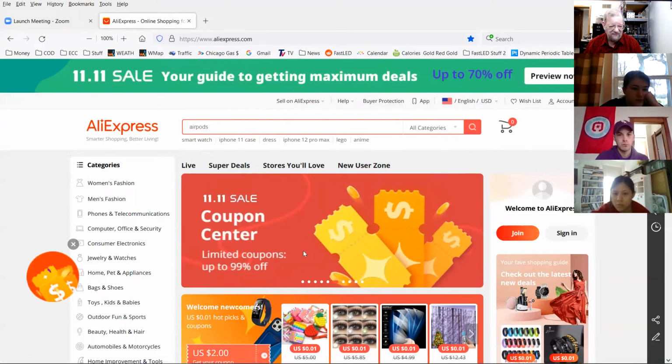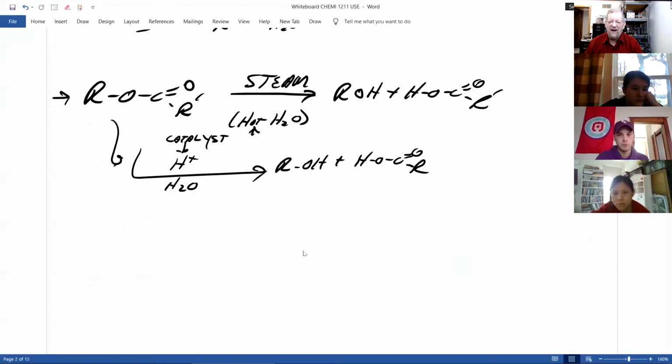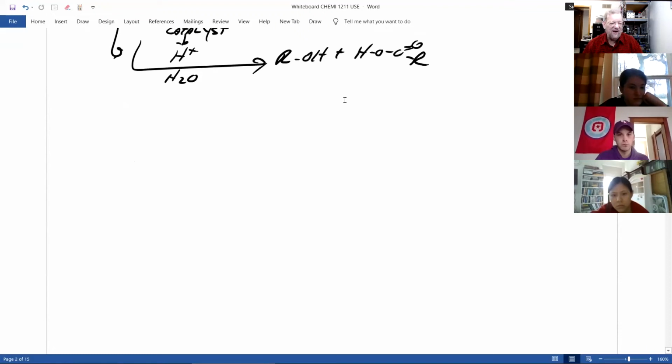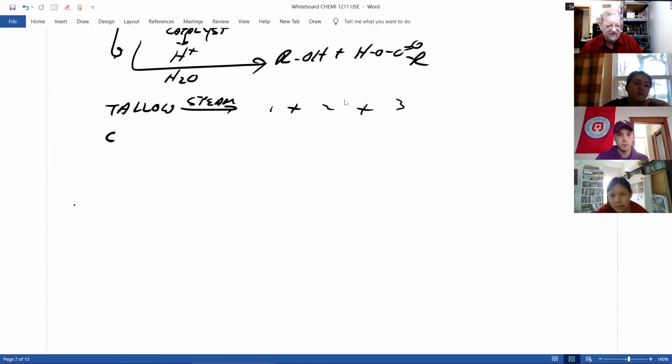Let's get to work. Now, we were talking about how steam is a way of reacting an ester to make alcohol plus a carboxylic acid. So I would ask you, and I'll help you out: if I had tallow, and this is what we did at that company, and you reacted with steam, what are the three products you get? 1, 2, 3.